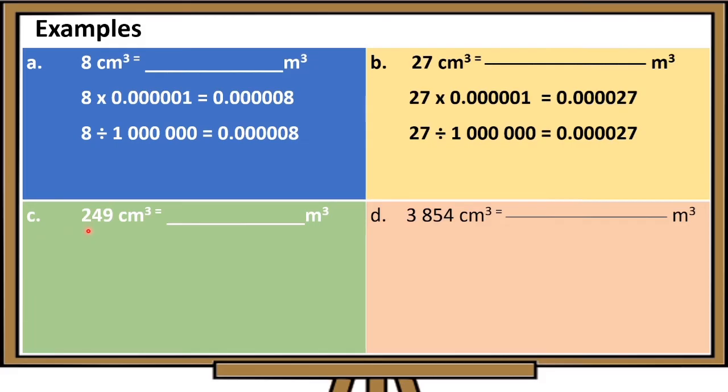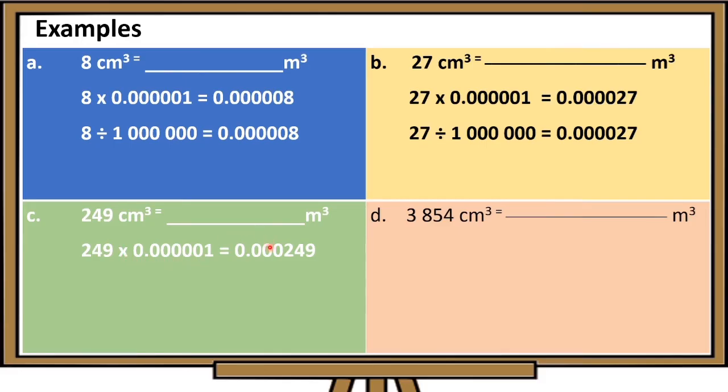Next, 249 cubic centimeters is equals to how many cubic meters? We have 249 times 1 millionth is equals to 249 millionth. So, may 7 digits ito.